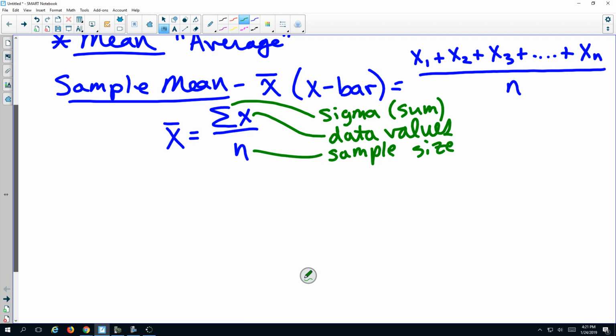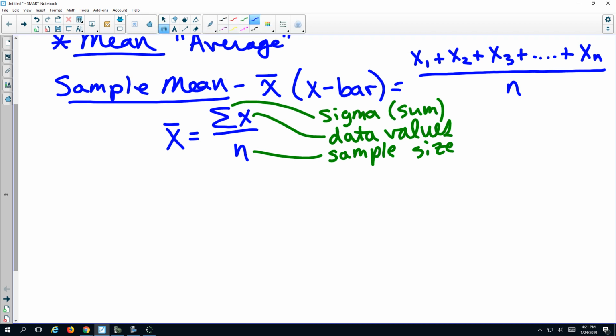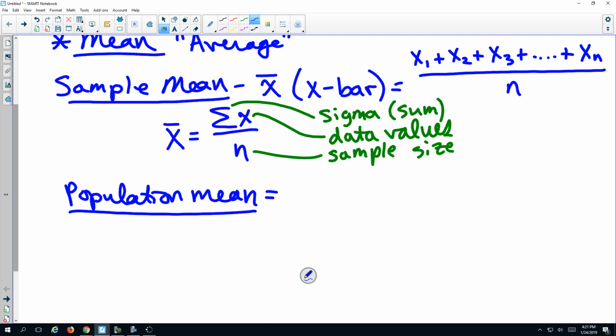If it's a population, it's a parameter. So we have what's called the population mean. So population mean has a different symbol.